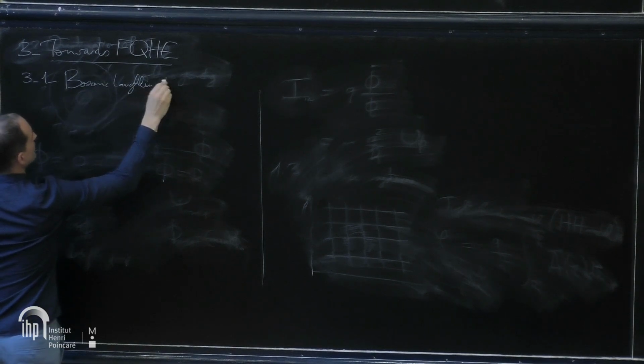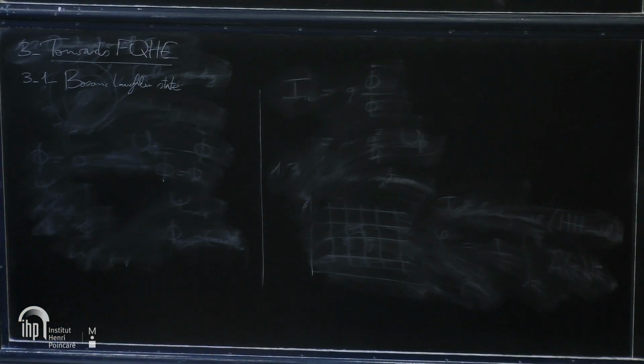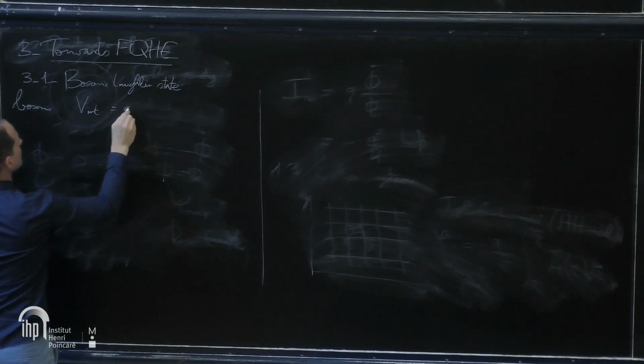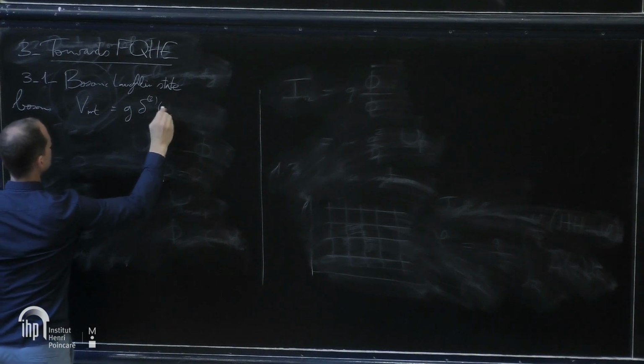Because it's probably the first one that will be realized in the experiments. It's probably the one that is the most stable and the most natural to appear given the type of interactions we have in cold gases. So we need to consider bosons, spinless, and I remind you that the interaction is a contact interaction.